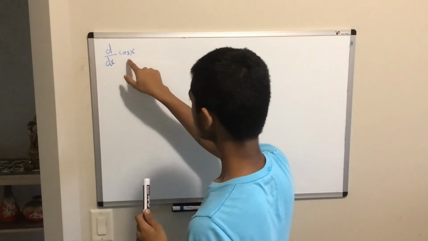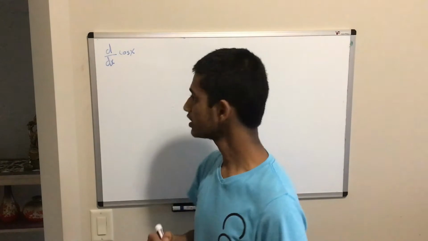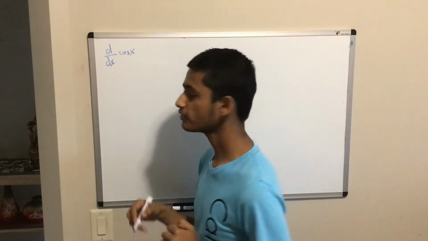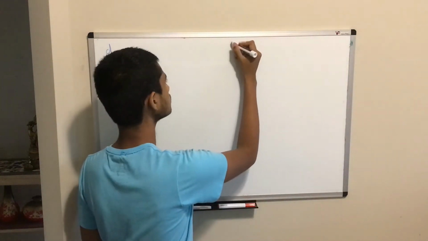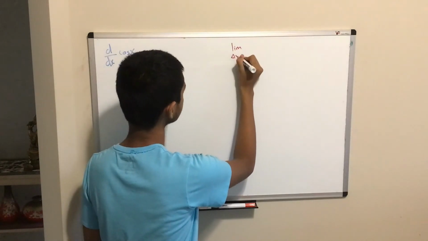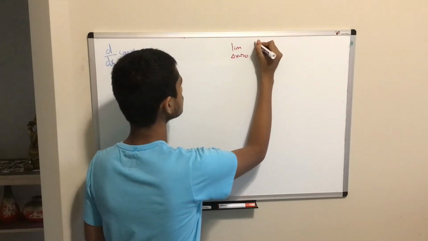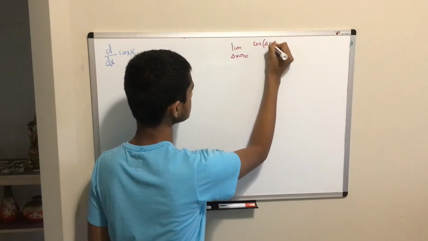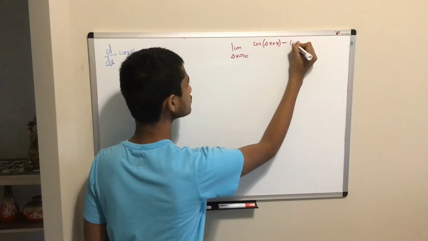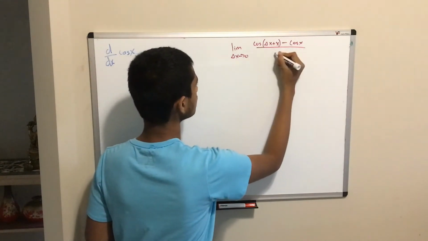So now that I have the derivative of sine of x, what I want to do now is try using the limit definition to help find the derivative of cosine of x. So what we do is the limit as delta x approaches 0 of cosine of delta x plus x minus cosine of x divided by delta x.